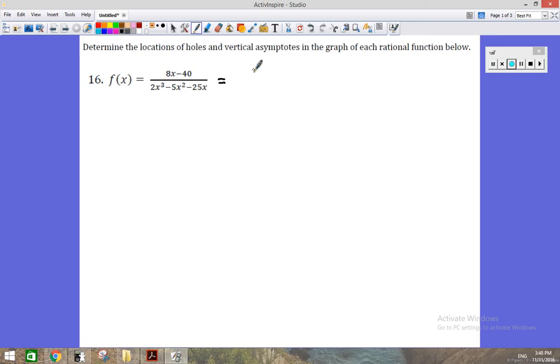In the numerator I see that 8 is the greatest common factor. In the denominator I can see that x is the greatest common factor. And I suspect that we can factor this trinomial.